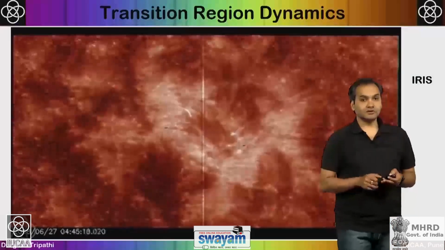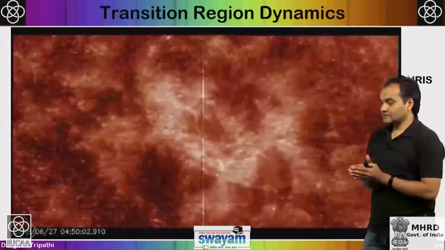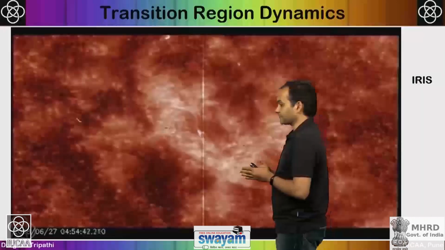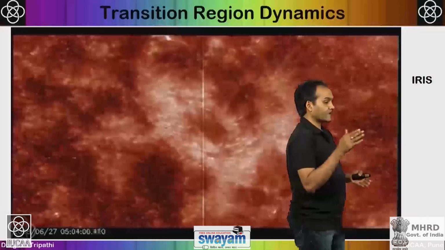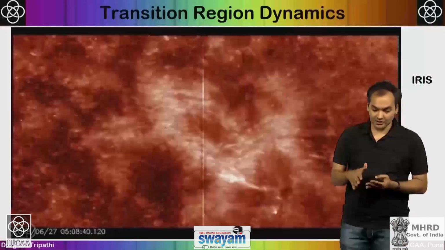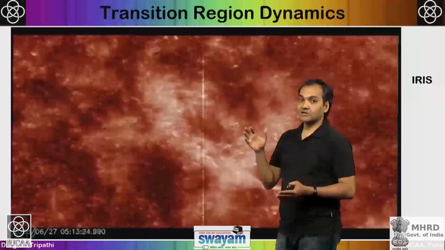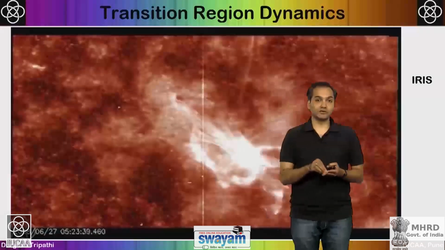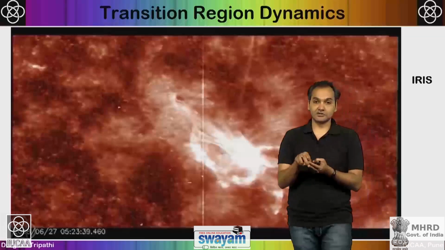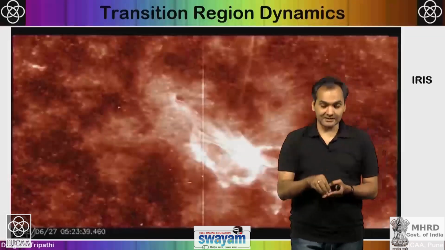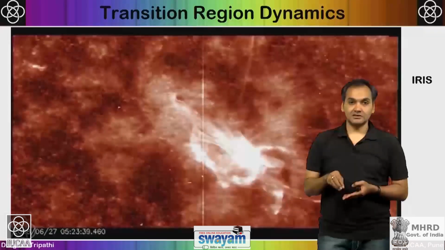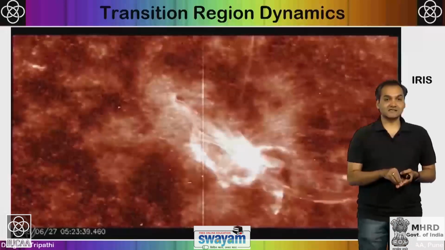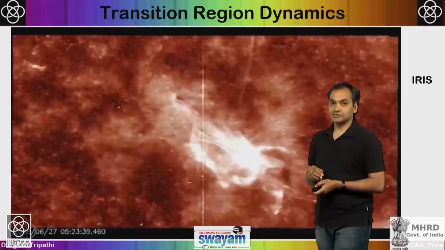Since this region lies between the chromosphere and the corona, and as I argued earlier that the whole atmosphere is dynamically coupled, these brightenings or evolutions have to play a role in connecting the chromosphere to the corona, and that is something which is being studied and is not fully understood to date.